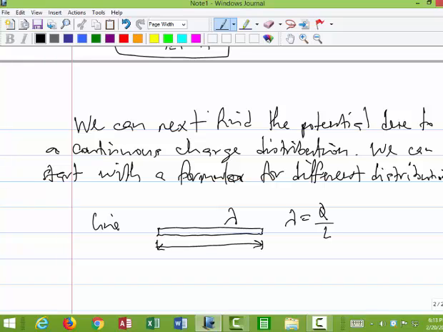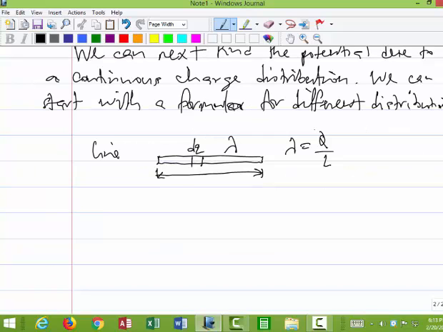We can take an element dq on this line, and we can say that the potential V is equal to the integral of K dq over R, where dq is equal to lambda dx. In this case, we take a line element of length dx. This will allow us to find the potential for a line at some point in space.